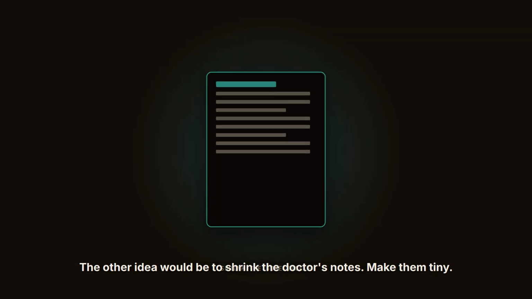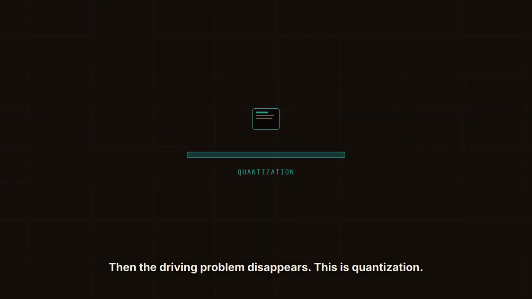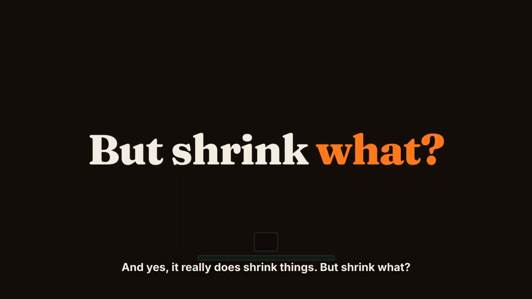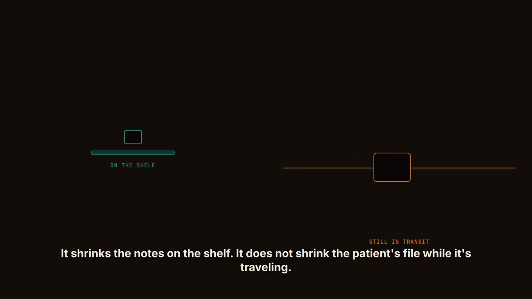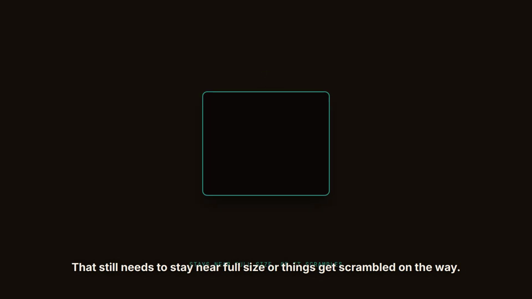Another idea would be to shrink the doctors' notes, make them tiny, and the driving problem disappears. This is quantization, and yes, it really does shrink things. But shrink what? It shrinks the notes on the shelf. It does not shrink the patient's file while it's traveling. That still needs to stay near full size, or things get scrambled on the way.